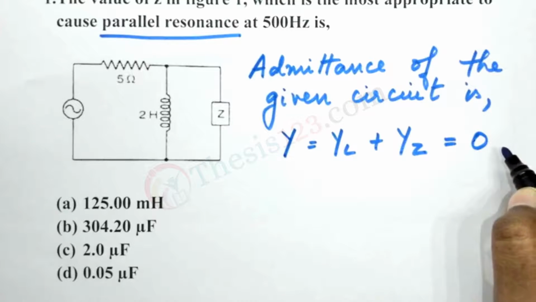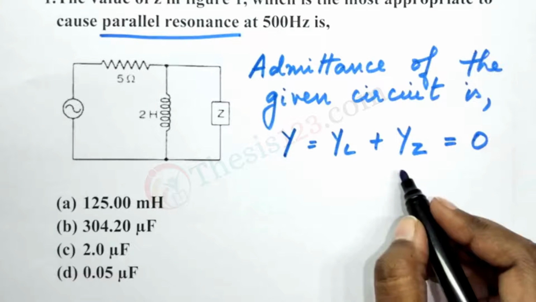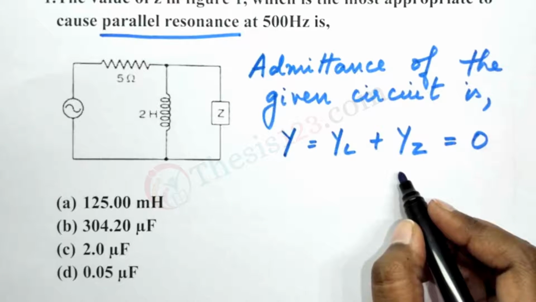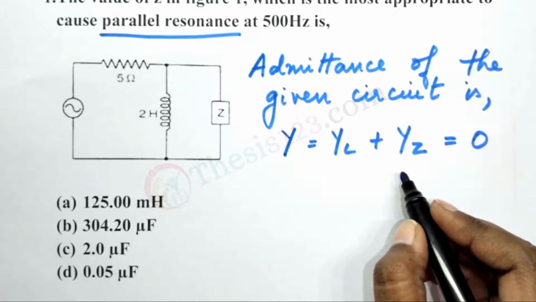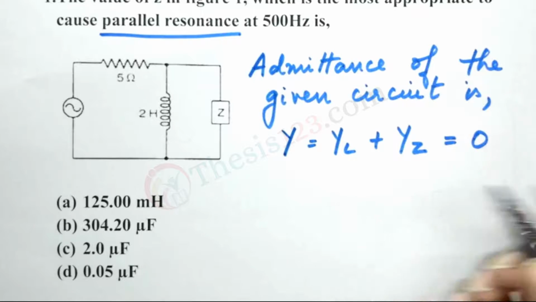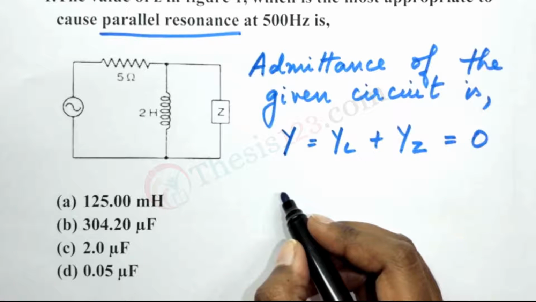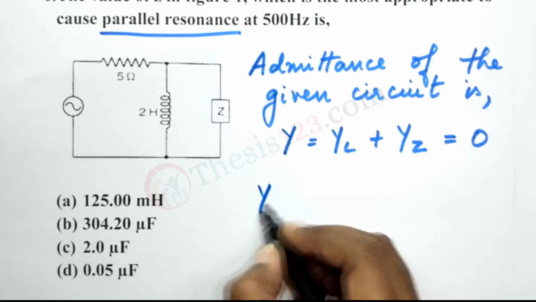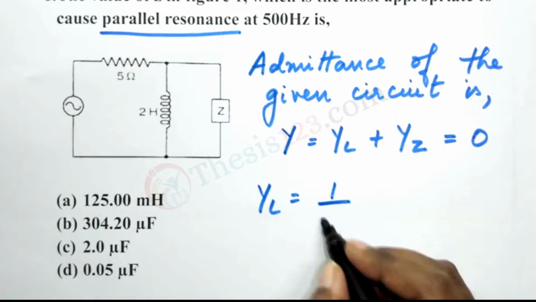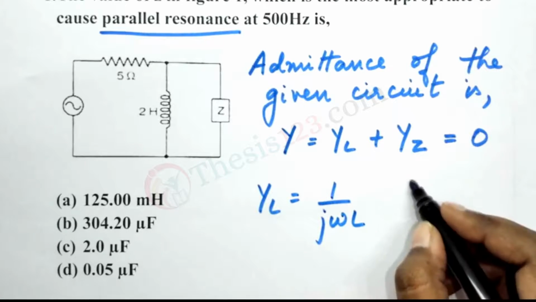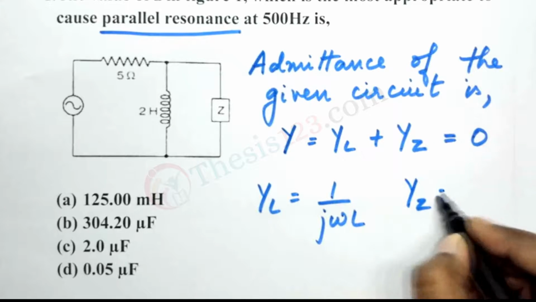That's the only way the admittance of a circuit would be minimum. Now let's write down the expression for inductor admittance. YL is 1 by j omega L, and YZ is 1 by Z, which is equal to 0.